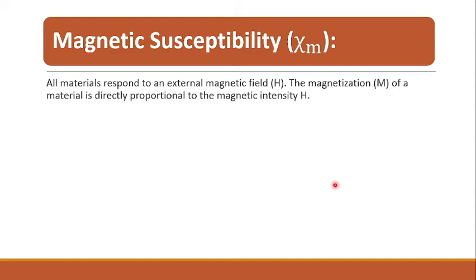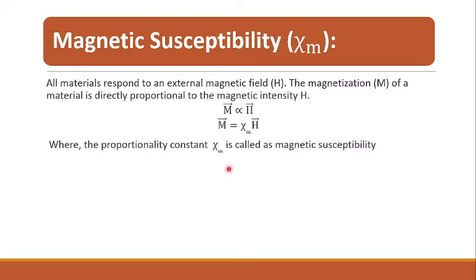The magnetization M of a material is directly proportional to the magnetic intensity H. So M vector is directly proportional to H vector, and therefore M vector is equal to Chi-m into H vector, where Chi-m is the proportionality constant, right? And it is called magnetic susceptibility. And therefore, we can write Chi-m is equal to M vector upon H vector.